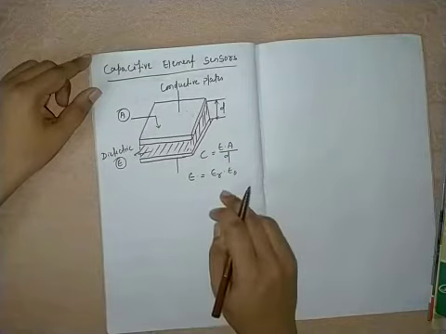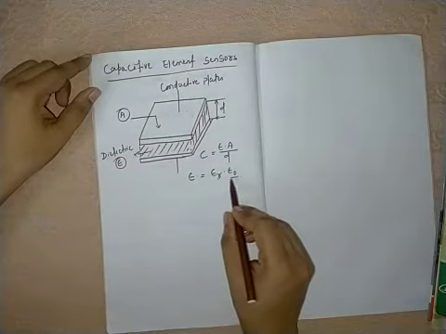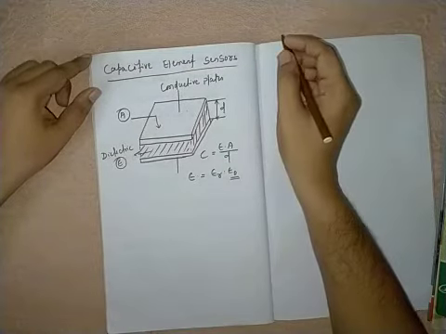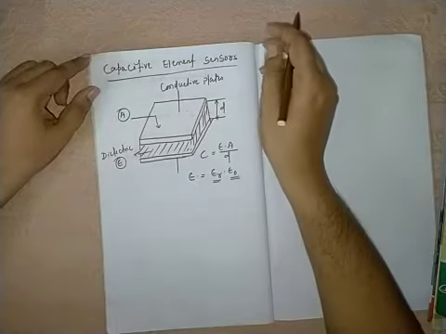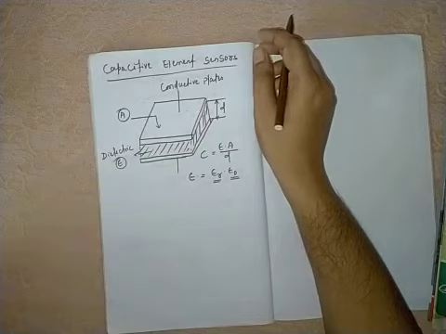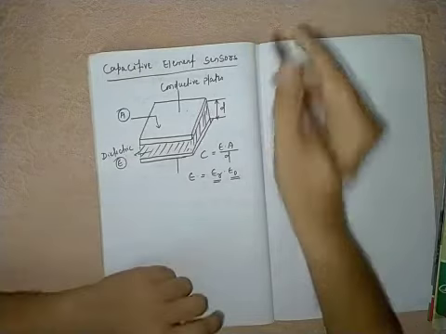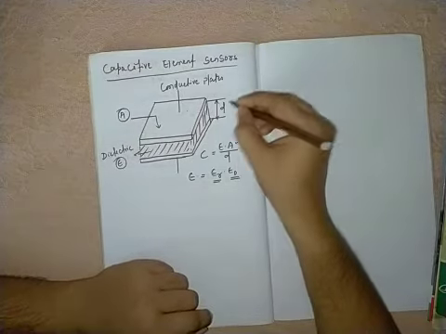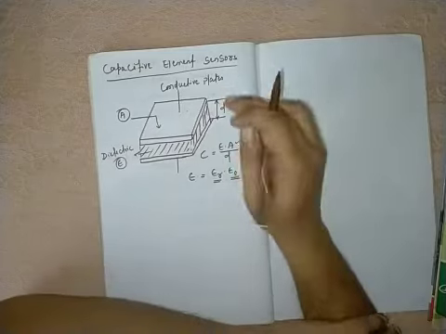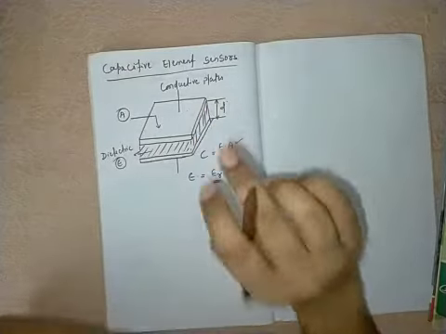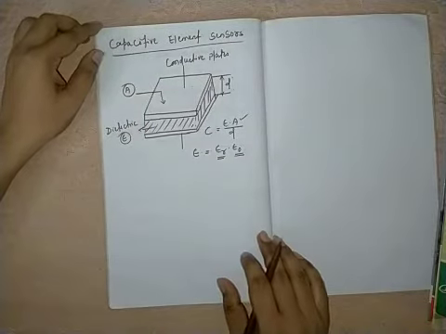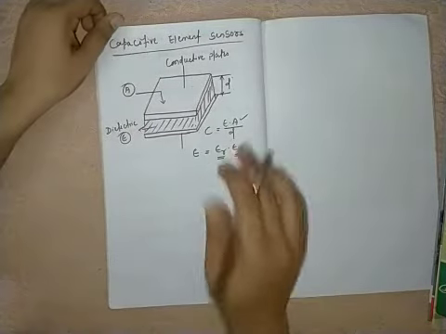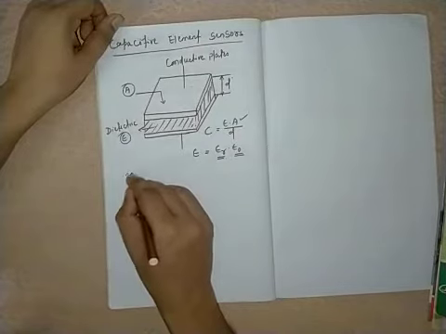And what is epsilon naught? It is the permittivity of the free space, and this epsilon r is the relative permittivity. And what is A? It is the area of overlap, and d means it is the distance between two conductive plates. So this is the basic definition of capacitance.